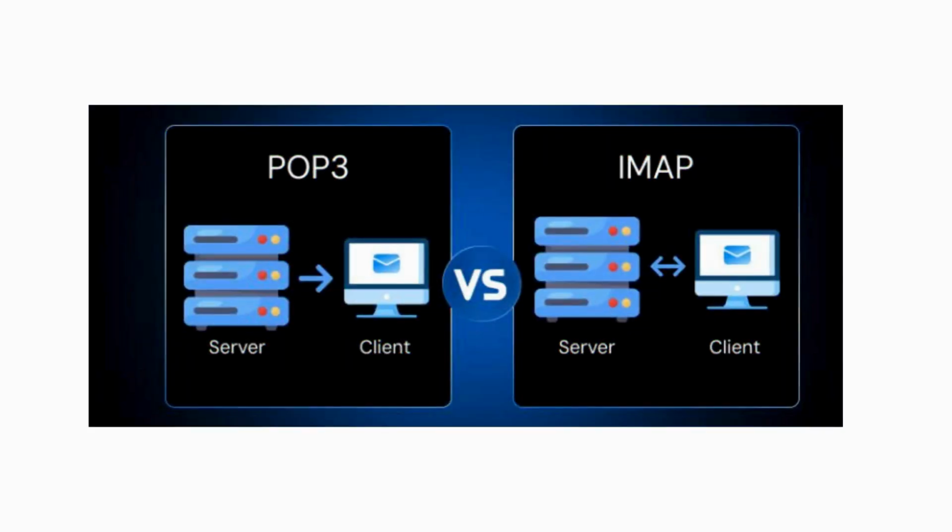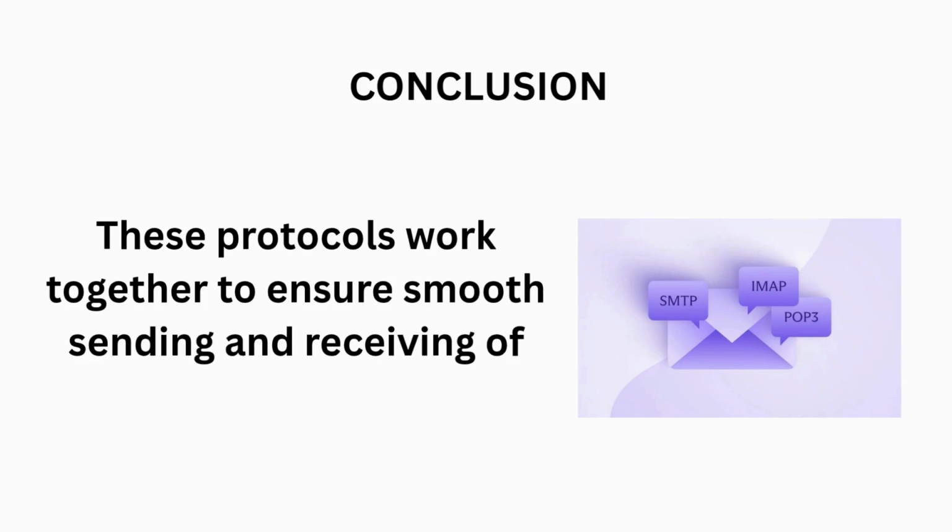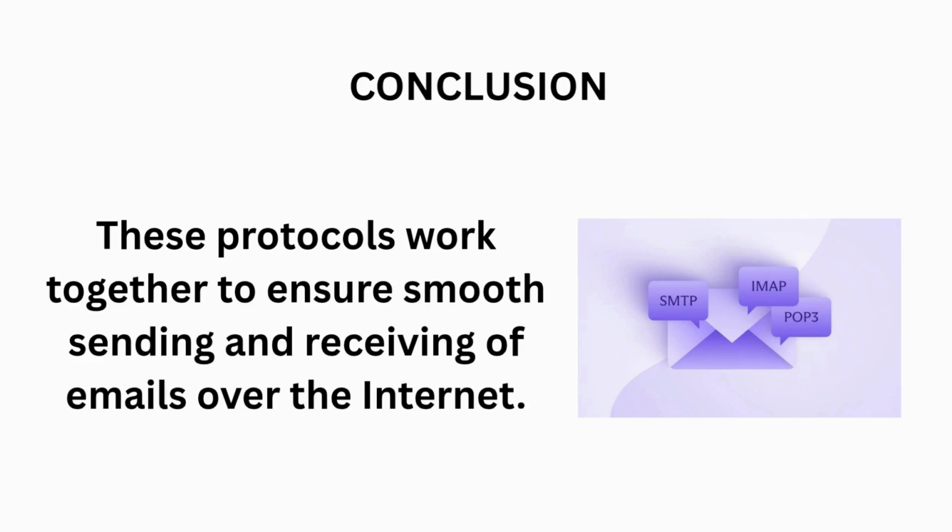POP3 versus IMAP: POP3 is suitable for single device usage, while IMAP is better for accessing email across multiple devices. These protocols work together to ensure smooth sending and receiving of emails over the internet.